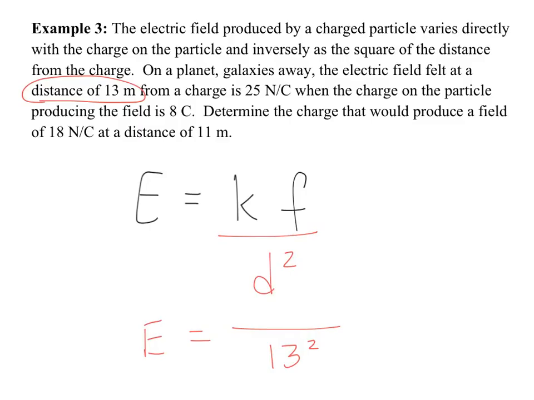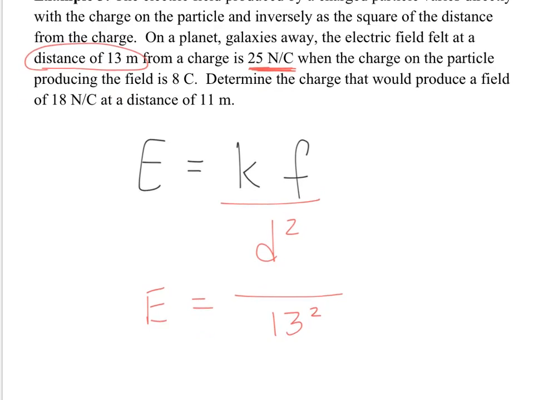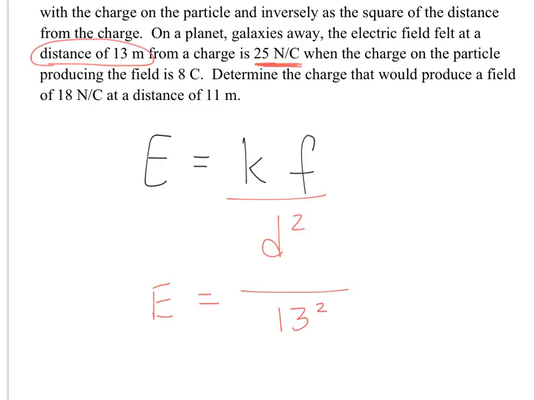The electric field felt at a distance of 13 meters from a charge. The electric field itself is 25 newtons per coulomb. So that 25 is going to go in for the actual electric field itself.